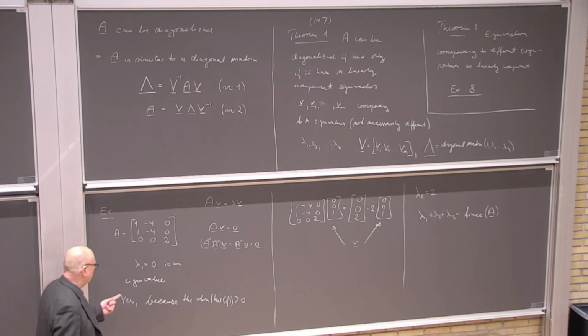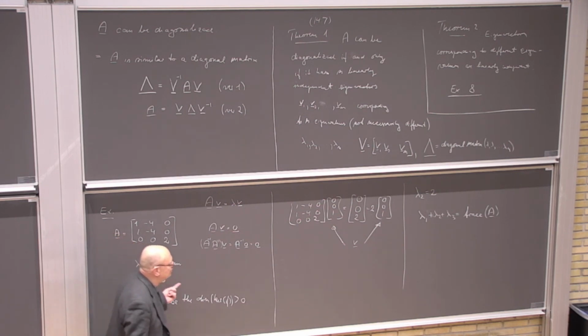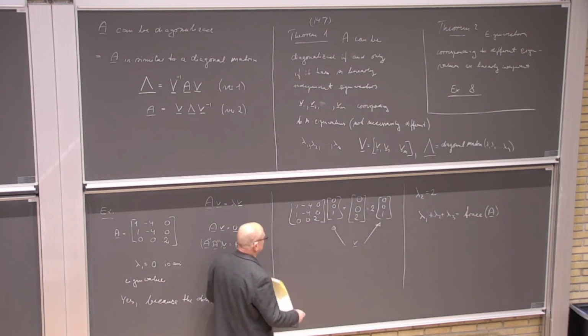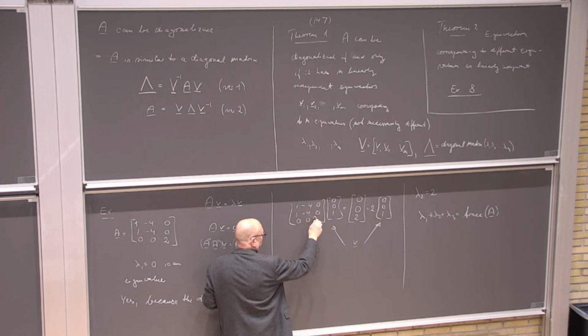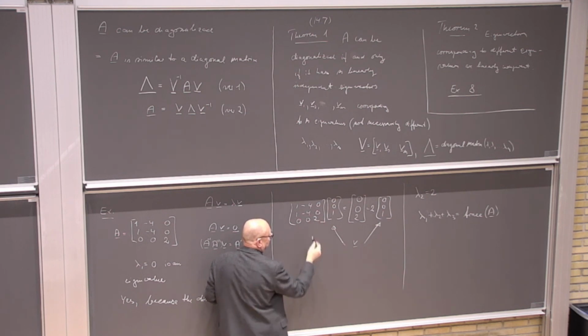Now, I have one eigenvalue here, 0. I have an eigenvalue 2 here. And what is the trace of this matrix? It's 1 minus 4, that is minus 3, plus 2, that is minus 1.